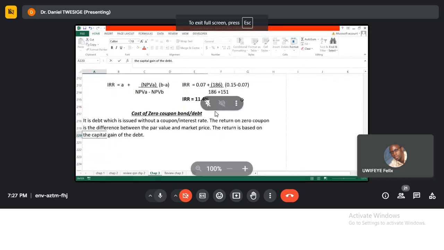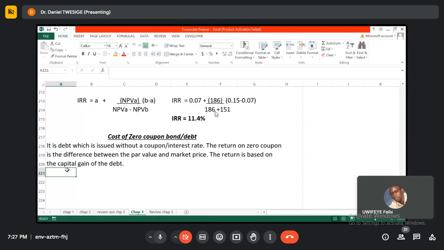So how do you get it? I think I can abbreviate as cost of a zero coupon debt. It means my cost of a zero coupon debt will be equal to P1 minus P0, then I divide by P0.